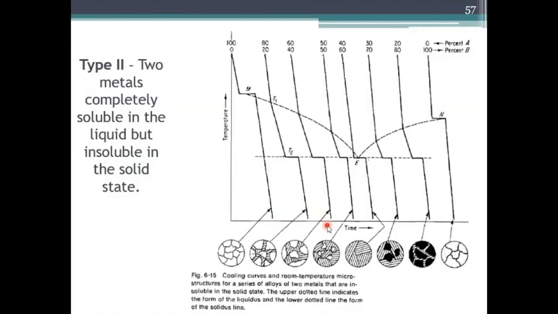These I told you. These are the series of cooling curves drawn, and the phase diagram, with solid plus liquid as a mixture, is drawn like this. These are the various structures.